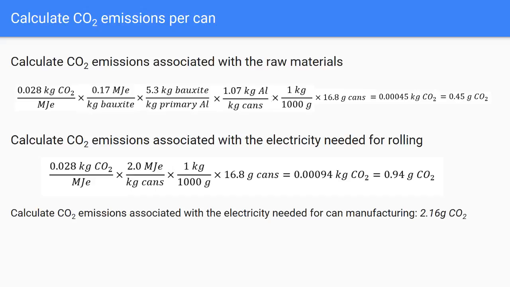Next, calculate the CO2 emissions associated with the electricity needed for can manufacturing. The result is 2.16 grams of CO2.